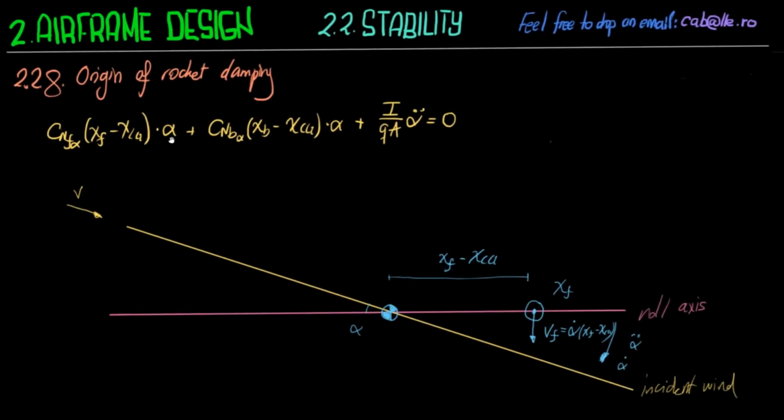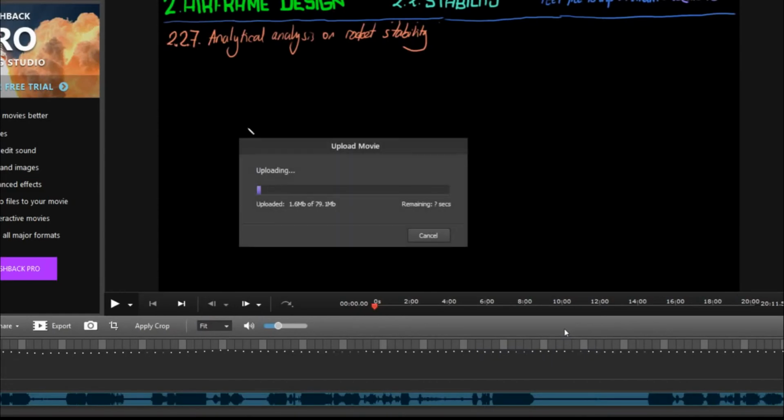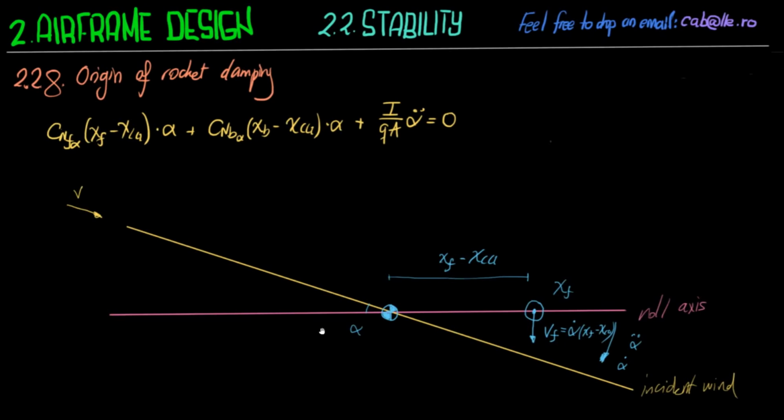We have the alpha that the fin sees and the alpha that the body sees, which are different alphas because the body is at another location.